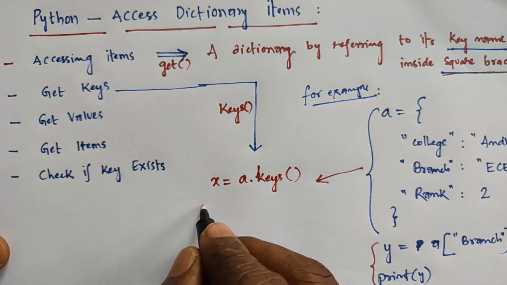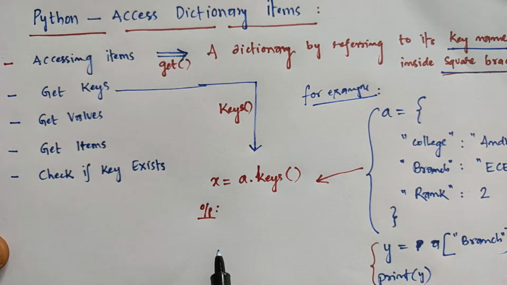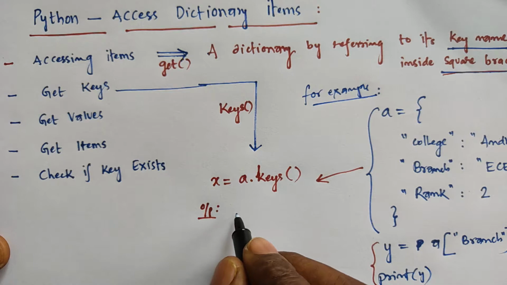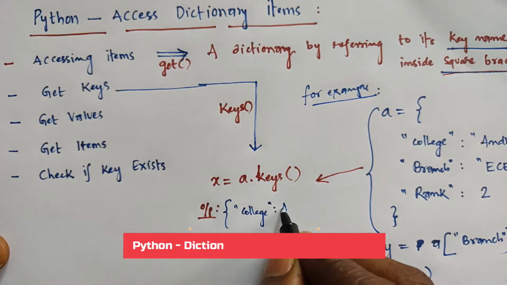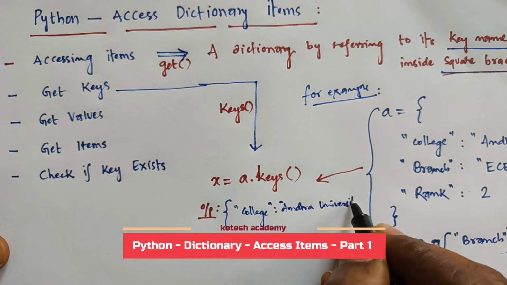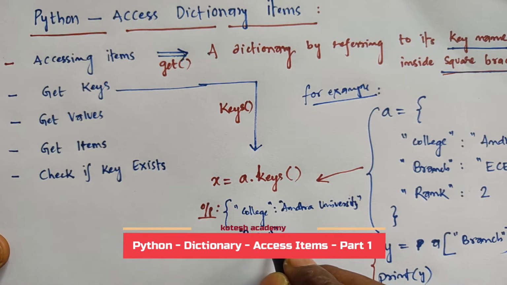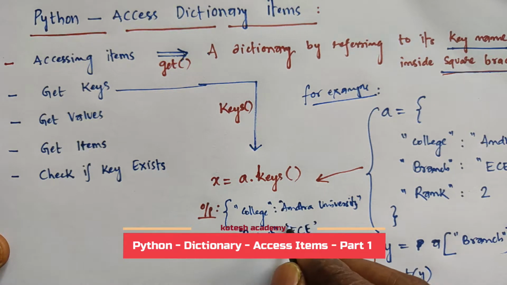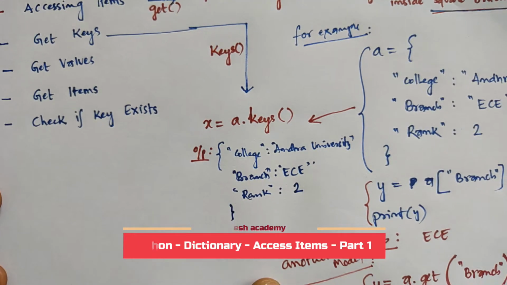The output for this instruction is the response in square brackets: college, Andhra University, branch ECE, rank 2. That is the actual get keys.